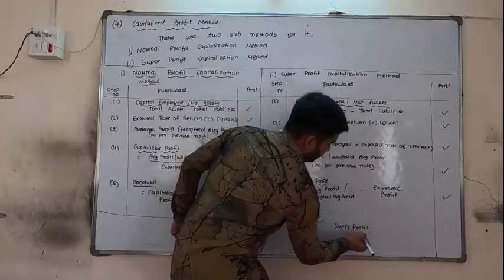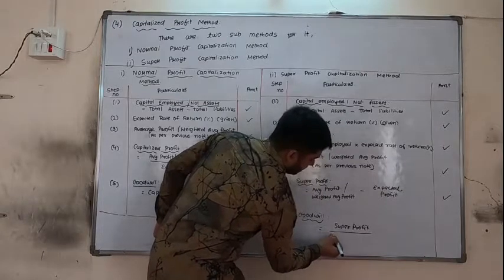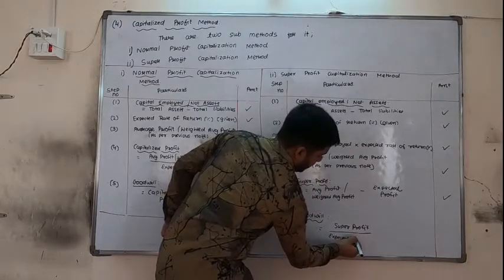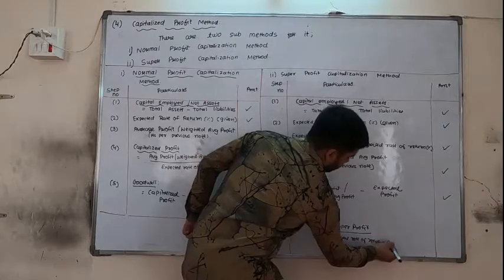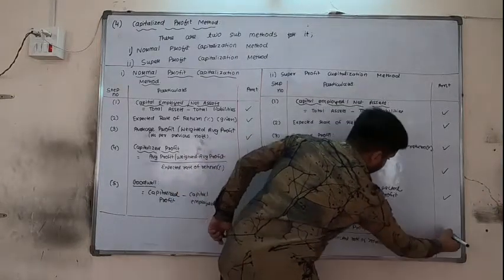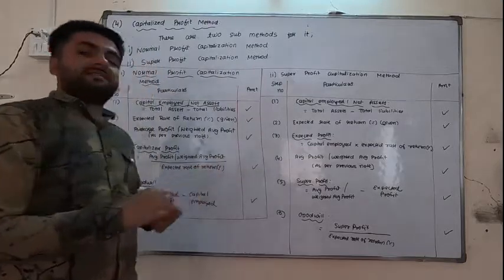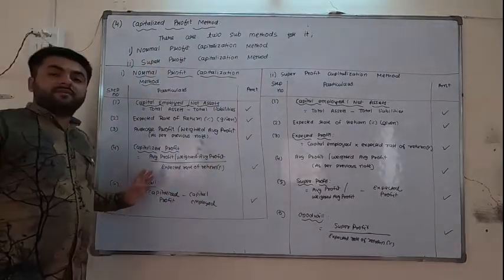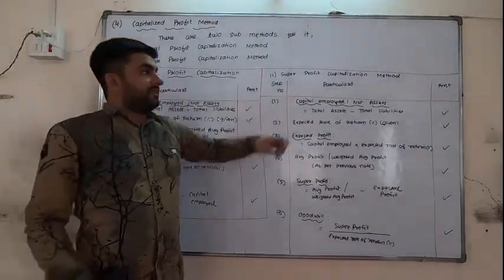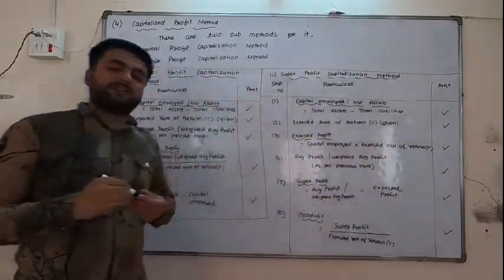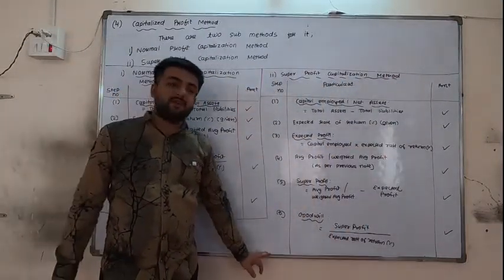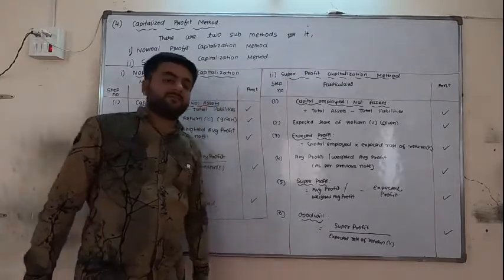Super profit divided by expected rate of return in percentage. Only slight change in the last formula. So super profit capitalization method is just like super profit method. You compare all the steps. Only last step is different.